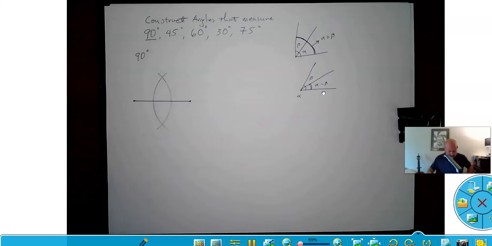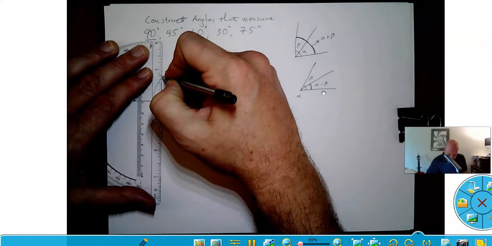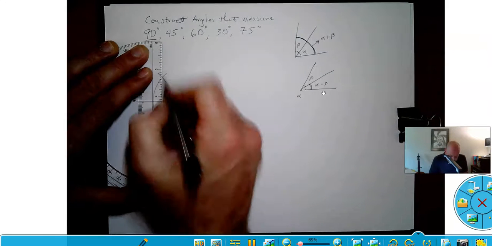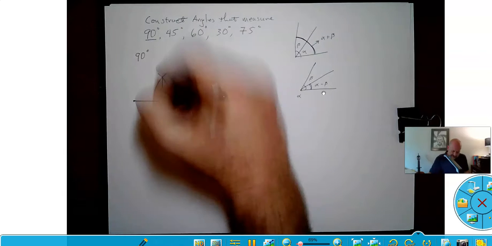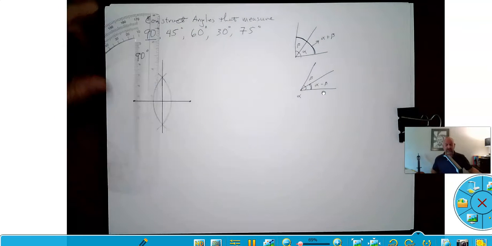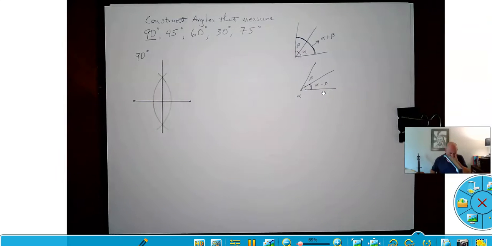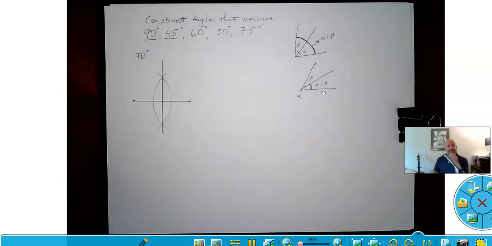So by bisecting this segment with a perpendicular, I've just created a 90-degree angle, right? So this is a 90-degree angle. We've constructed it to be so.